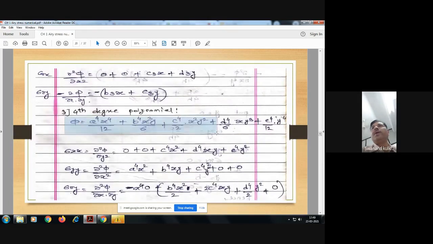So in order to identify the fourth degree polynomial, here we have once again integrated that term. After integrating the term, we will get the function phi, because whatever function we are considering, that is the function after the fourth degree polynomial. So a, x raised to 4 upon 12.